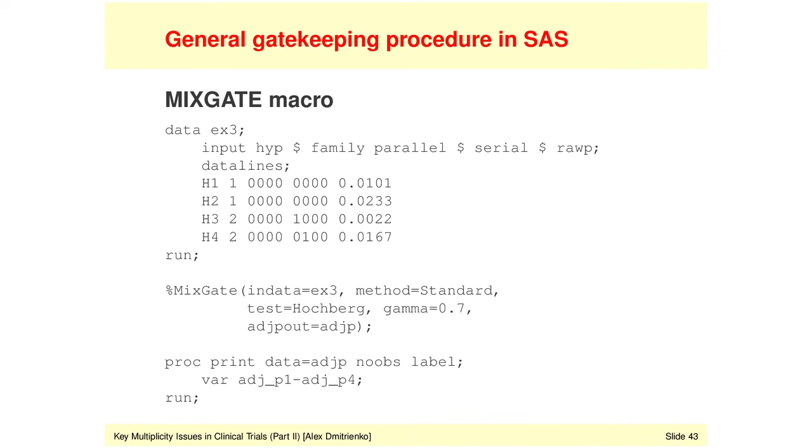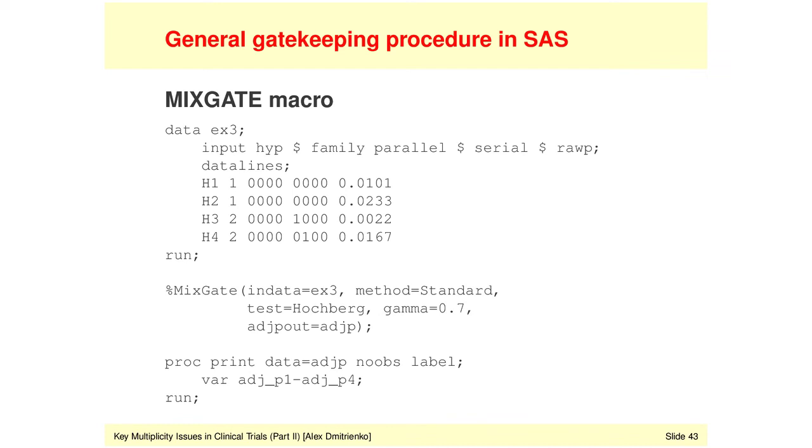The data set contains 4 rows, 1 row per hypothesis of interest, and for each row we specify several variables. The first variable is the label of each hypothesis, and we can see that they are labeled H1, H2, H3, and H4. The second variable, called family, is the family index.